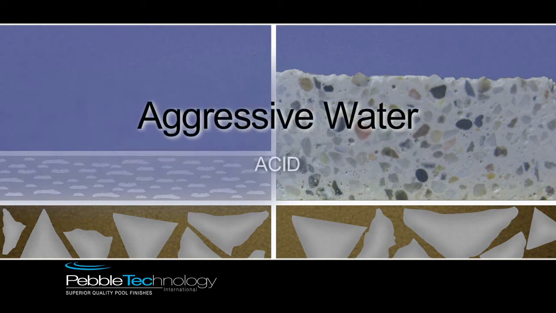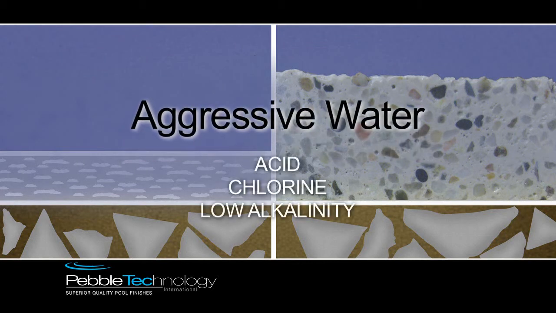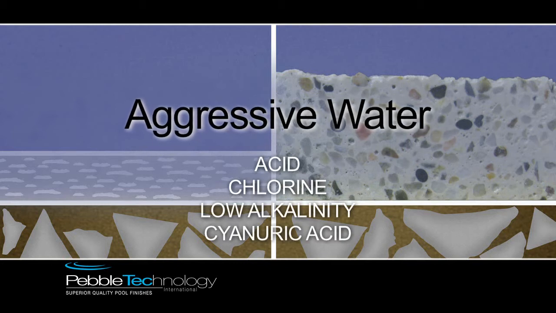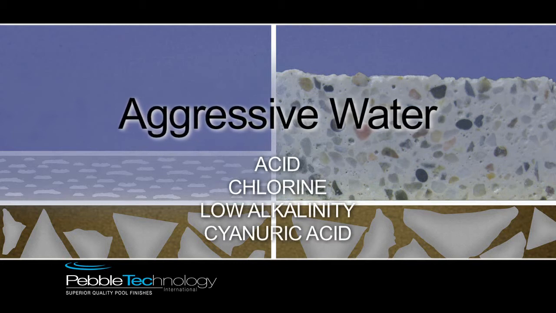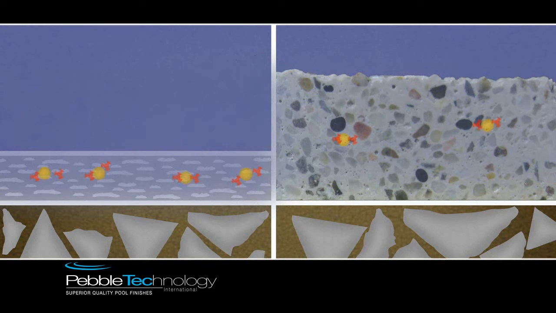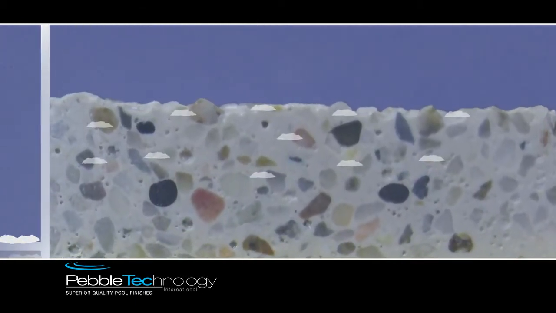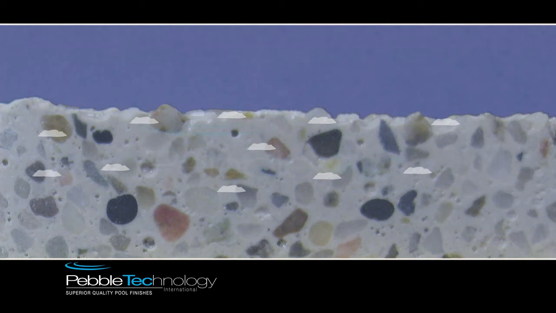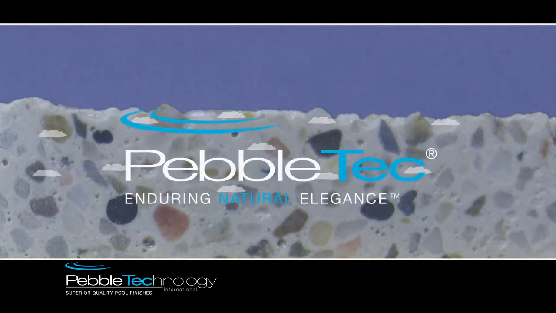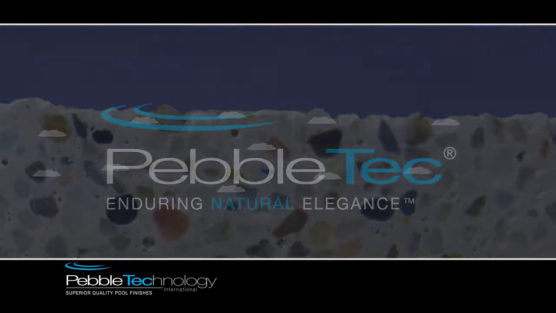Aggressive water, acid, chlorine, low alkalinity, cyanuric acid, will attack the finish's weakest ingredient, the calcium hydroxide of the cement. Or a saturated water will deposit on and in the finish. Hence, a denser, less permeable finish will be less susceptible to degradation from this ionic movement.